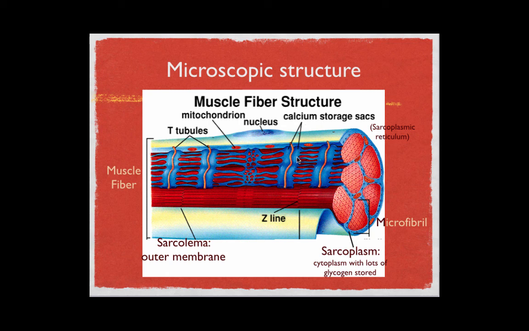So this is the storage area for calcium ions. And then, of course, we know that mitochondria is the location where energy is produced, where ATP is produced. And so a muscle cell would have to have a lot of mitochondria in order to break down food quickly and produce lots of ATP for muscle contractions.